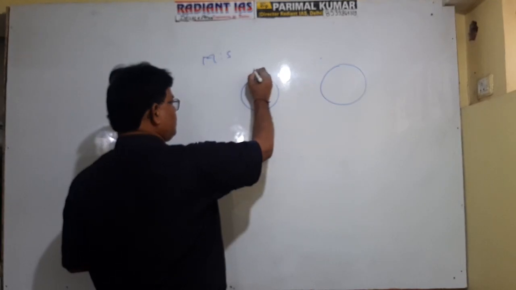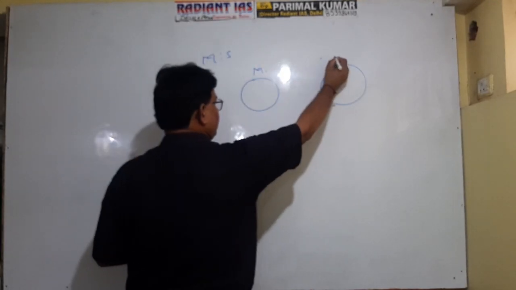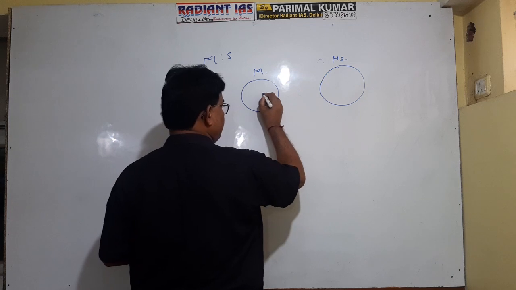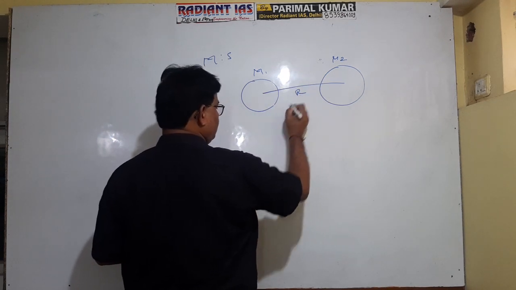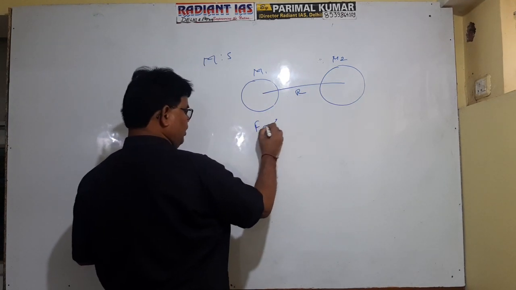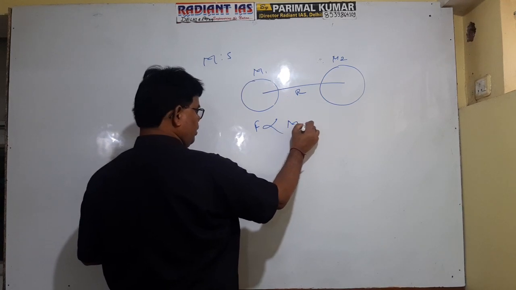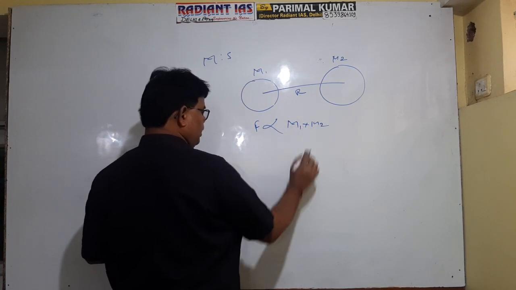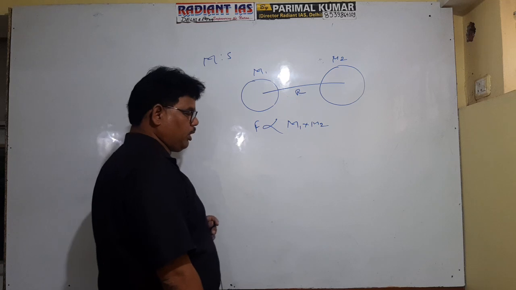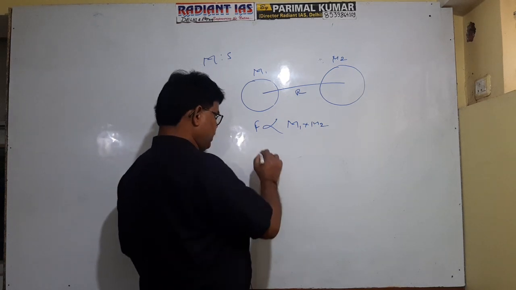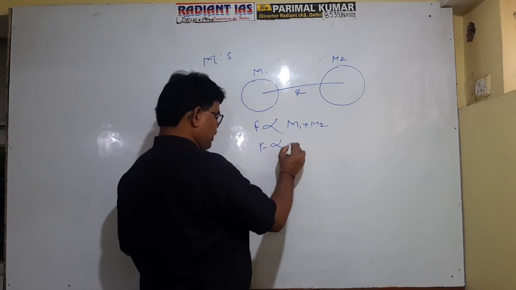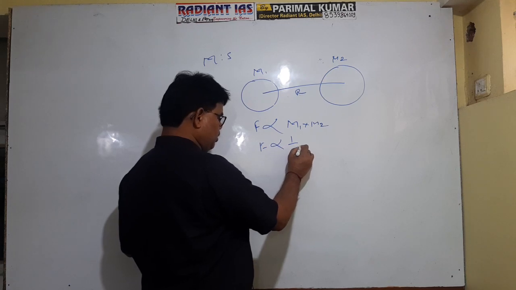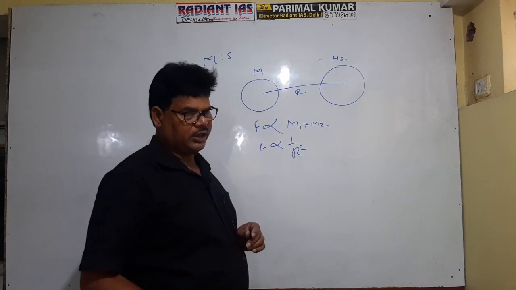If the mass of one is m1 and the other is m2 and they are separated by distance r, then the force will be m1 into m2. That attraction pull is the product of the masses of the two objects, and second, the attraction pull is inversely proportional to the square of the distance between the two objects.